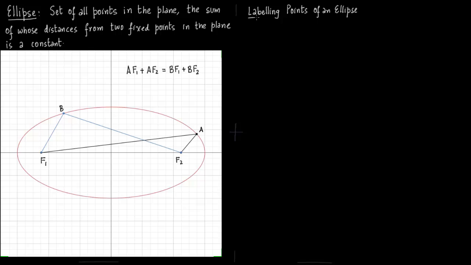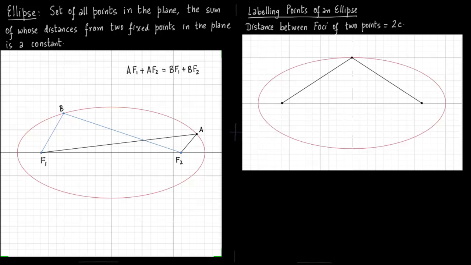So the first thing we talk about is the distance between the foci. Foci is the plural of focus. The distance between these two foci is 2c. So this is focus 1, focus 2.